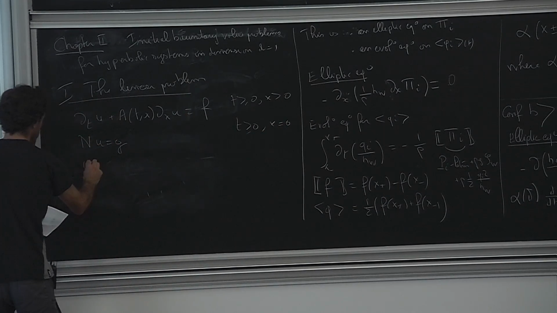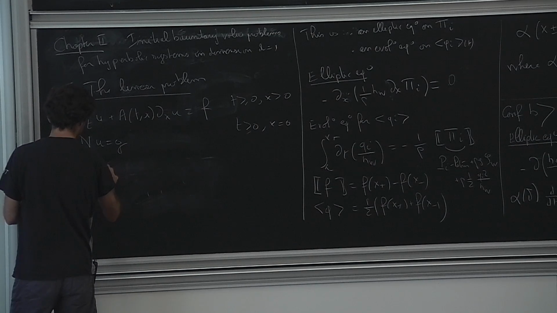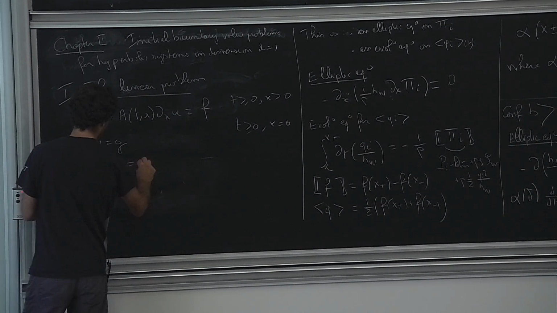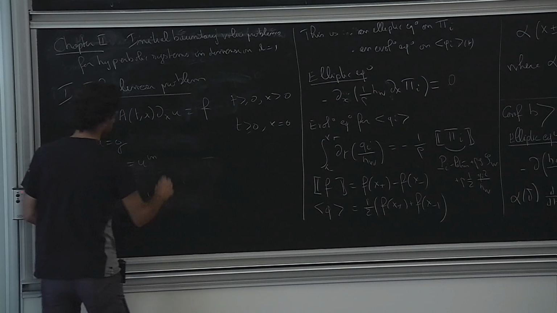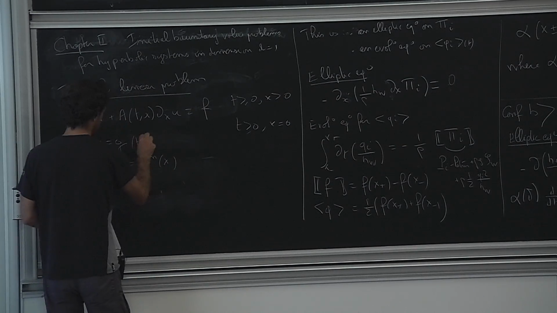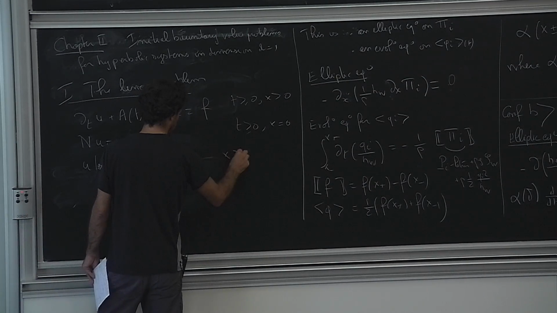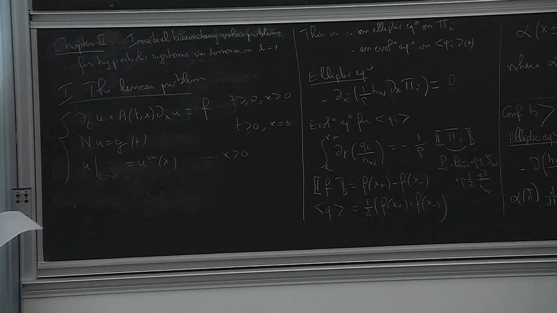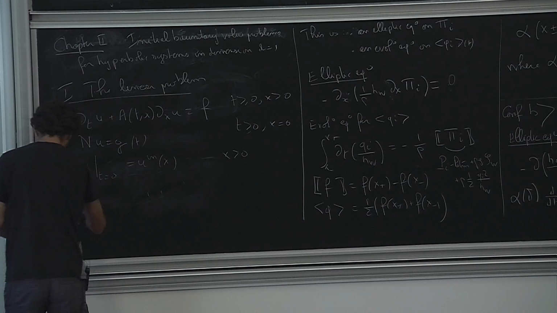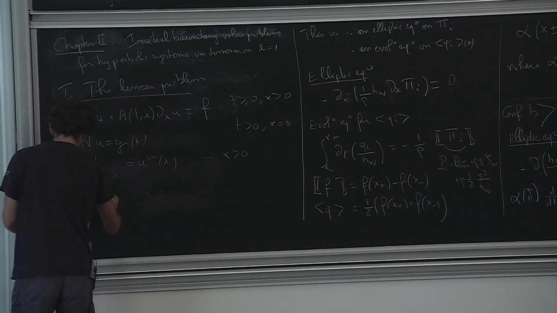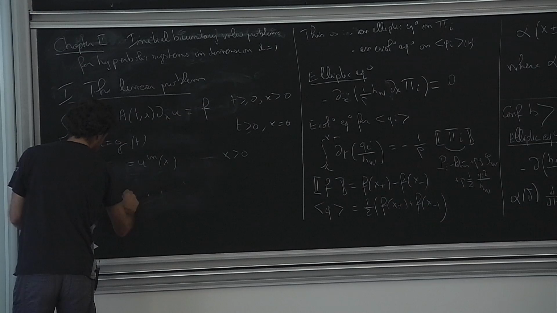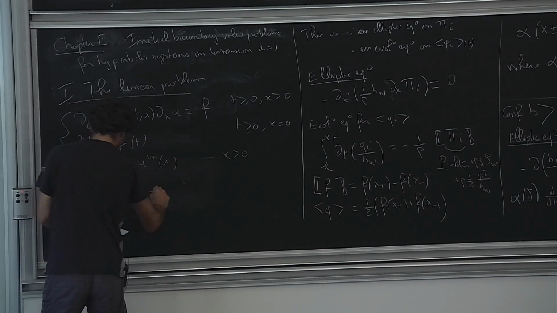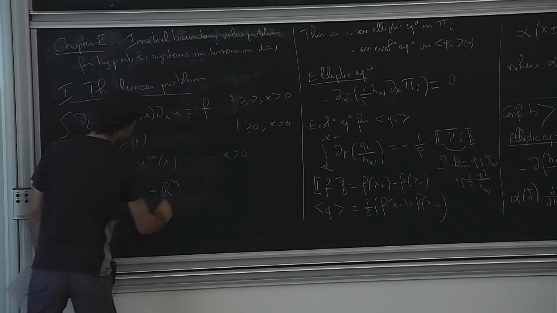And an initial condition, which is u at t equal to 0 is equal to some function u0 of x, for x positive. So u is a function of time and space, and which takes values in Rn.